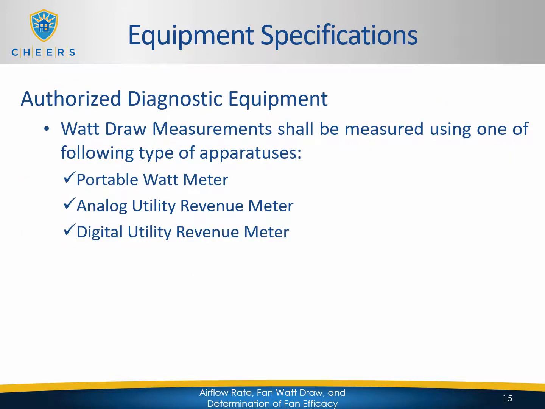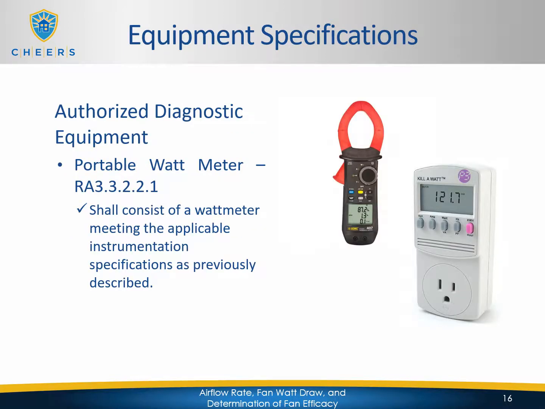For watt draw, the watt draw measurement shall be measured using one of the following types of apparatuses. You have a portable watt meter, the analog utility revenue meter, or the digital utility revenue meter. The portable watt meter shall consist of a watt meter meeting the applicable instrumentation specifications as previously described, and we talked about this a couple of slides ago.